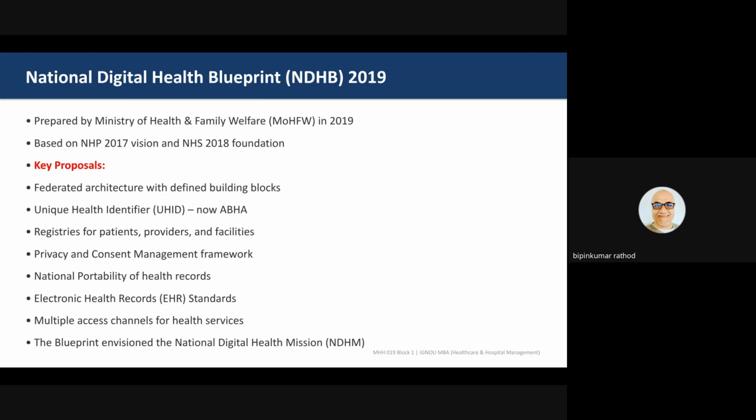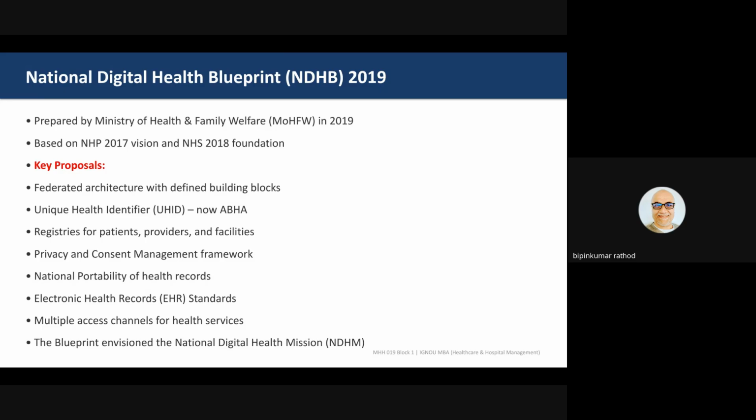So we started the journey with the National Health Policy in 2017. We created the National Health Stack in 2018 as a foundation. But now in 2019, what do we need? A workable unit of our digital health. And this is called the National Digital Health Blueprint.